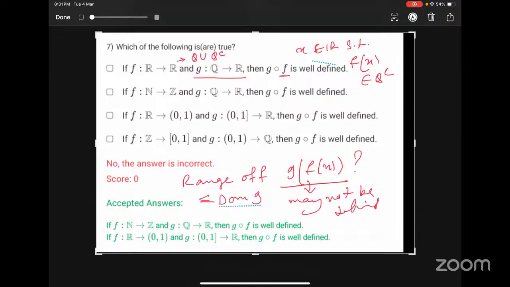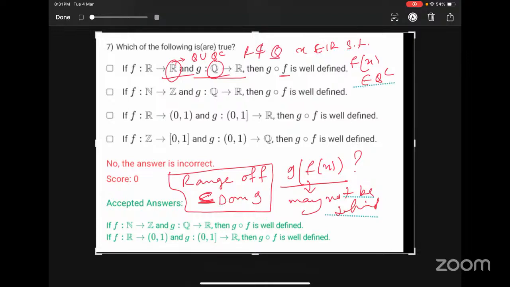R is not a subset of Q, right? So it is not well defined. For the second function, you just try to find the logic.